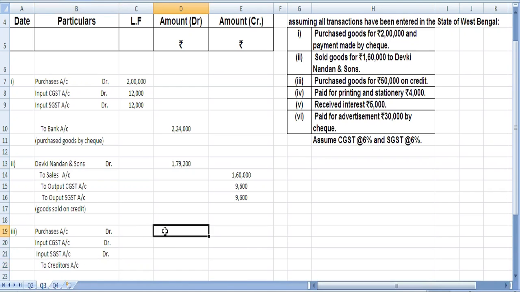Okay, so here how much is the purchase? Purchase is 50,000 and 6% of 50,000 is 3,000. Same here, 3,000, and to the creditors we will be giving 56,000.